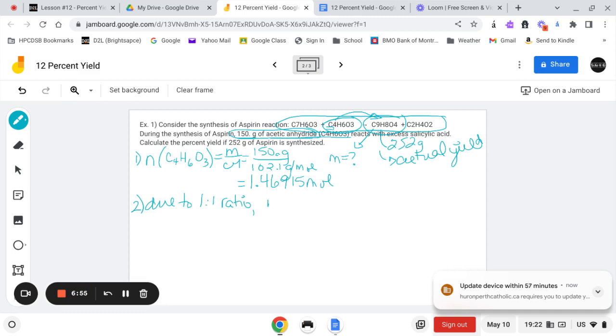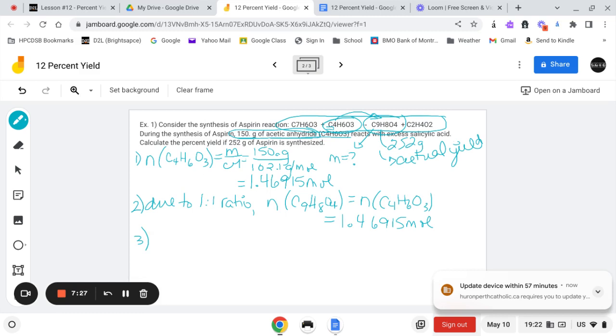Then what we know is that the moles of aspirin, which is C9H8O4, is equal to the moles of acetic anhydride, C4H6O3. And that mole value is what I just calculated up above, 1.46915 moles.